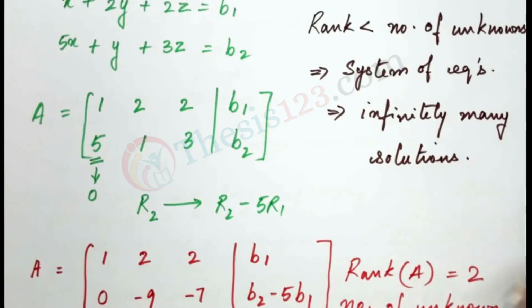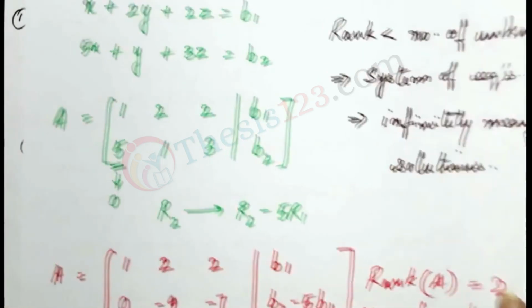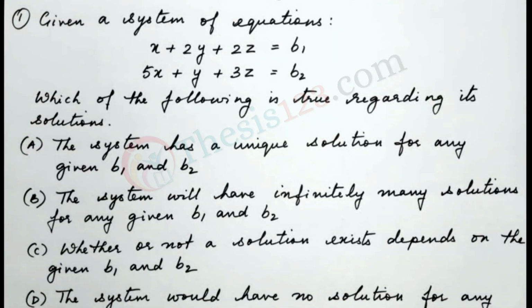So if we go back to the options given to us, this matches option B. The system will have infinitely many solutions for any given values of b1 and b2. So that's the final answer, and I hope this has made sense.